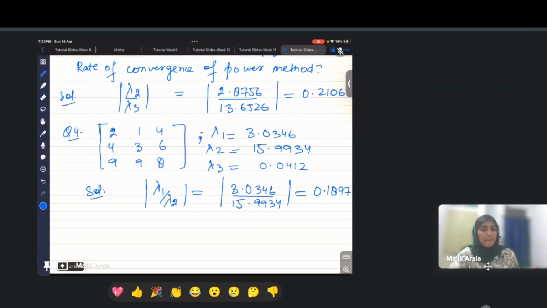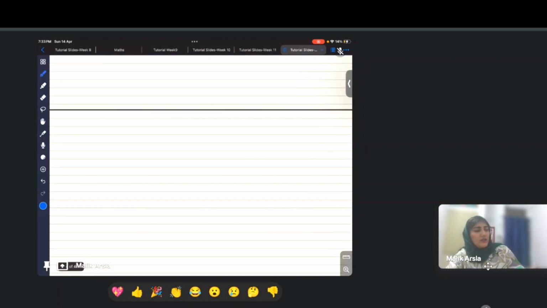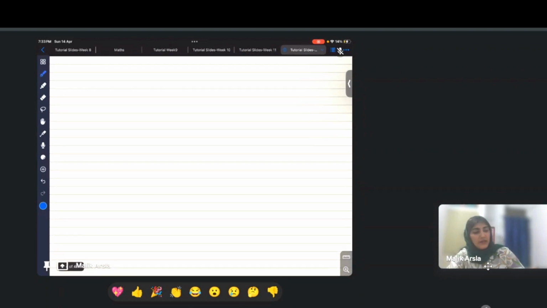Clear till here? Yes. Now let's move to the next question. Matrix A has been given and we need to find the least dominant eigenpair.